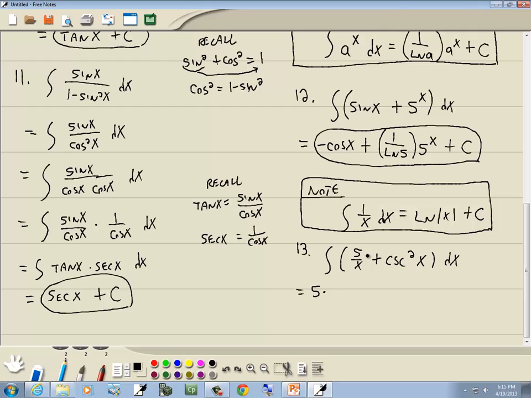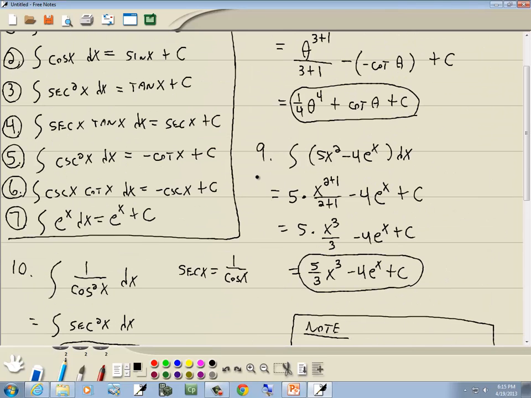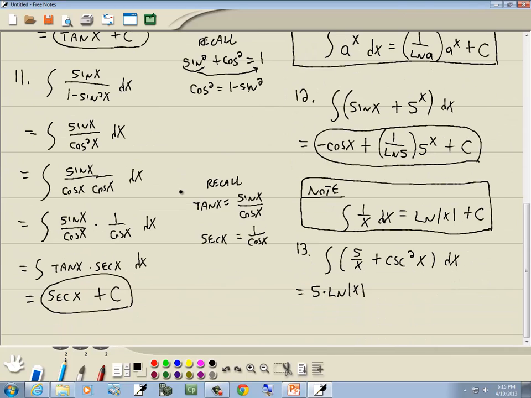If I take the 5 away, that leaves us the integral of 1 over x, which we just said was this. So that's 5 natural log of the absolute value of x, plus the integral of cosecant squared. If I come up here, cosecant squared, the integral of that is negative cotangent. So this becomes a negative cotangent x, and then we put our plus c on at the end. And that's our answer.